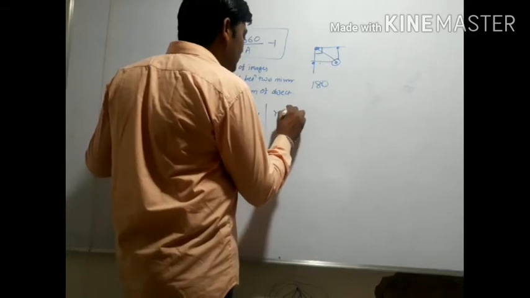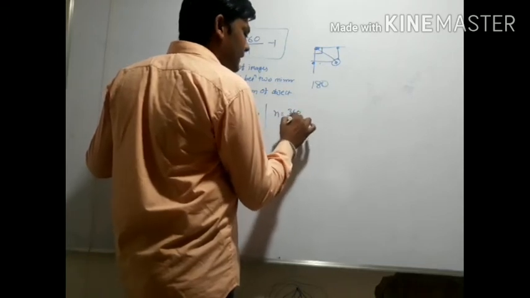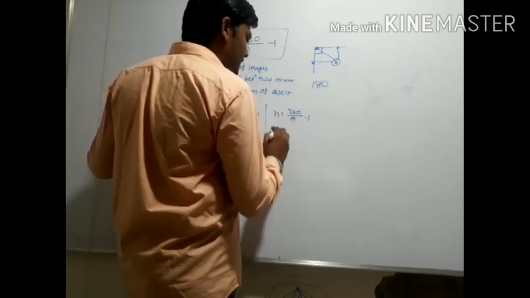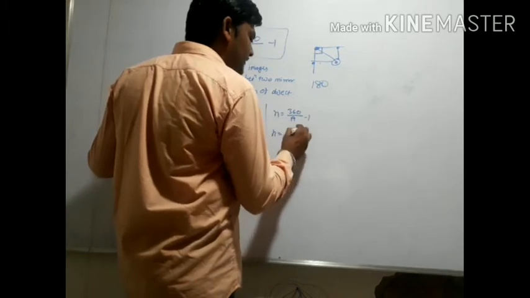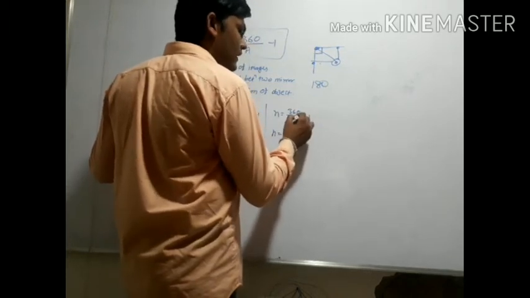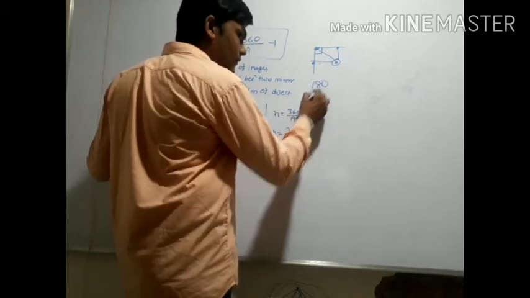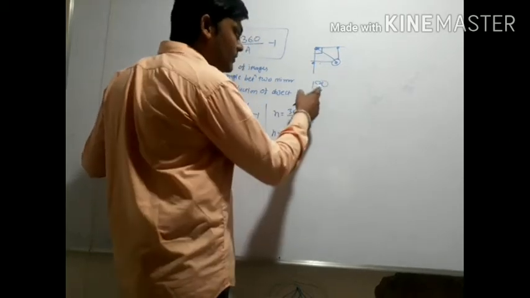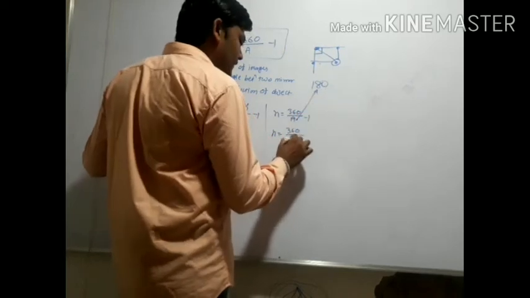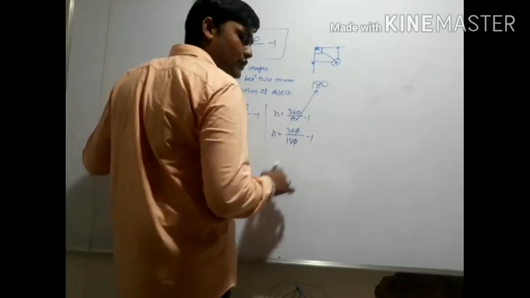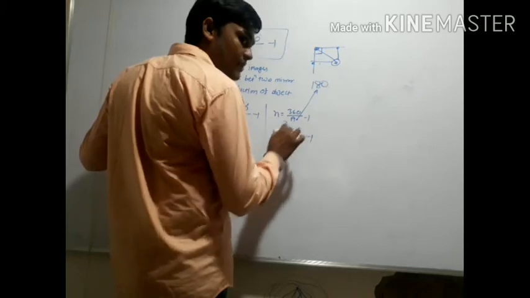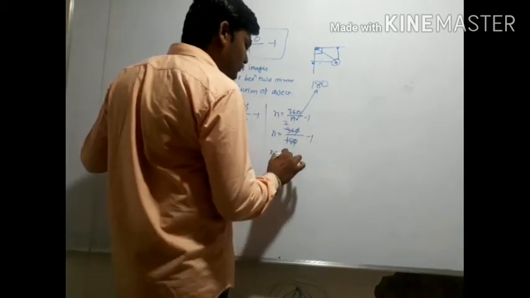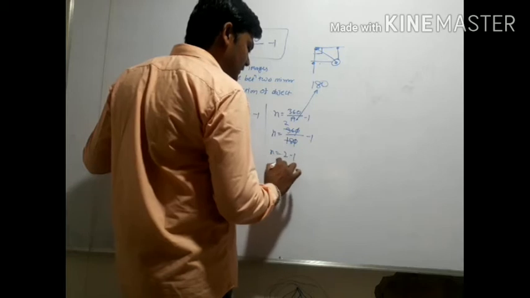So n is equal to 360 divided by A, minus 1. The angle between two mirrors is now 180, so 180 minus 1. 2 ones are 2, n is equal to 2 minus 1, that is 1.